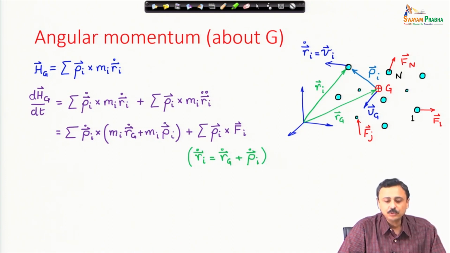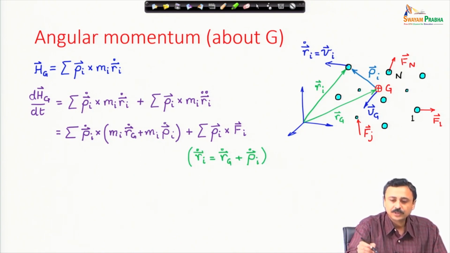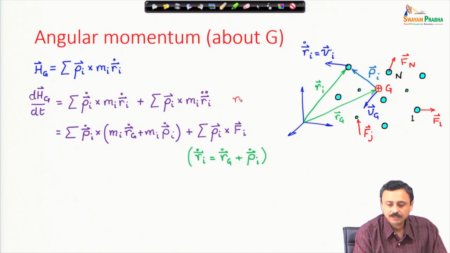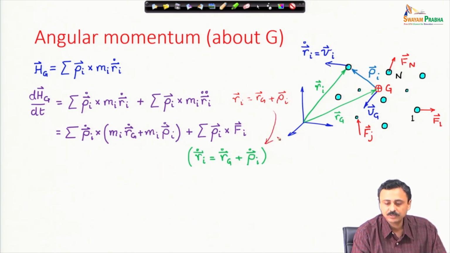Now, I once again use those expressions I have used. So, here I have used this r I vector is r g plus rho I, and whose time derivative is this.